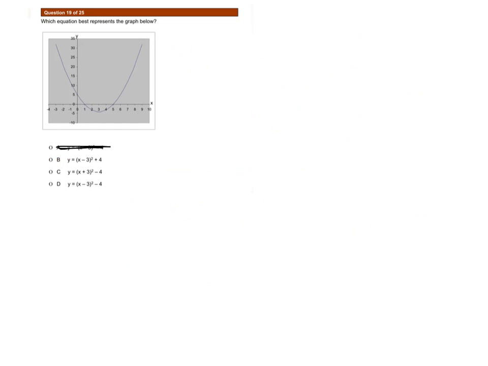Now we have to find the vertex, since all of these are in vertex form. We have to find the x-coordinate, which is going to be positive 3. The y-coordinate looks like it's close to about negative 4, just in front of negative 5. So our vertex is 3, negative 4.